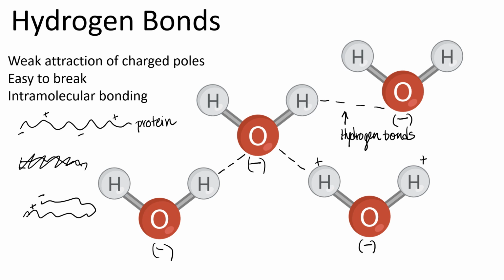So these folds, the bending, is secured by hydrogen bonds. And this is what we call intramolecular bonding. Intra means within the same molecule, right? So these proteins that have areas that attract, that are secured, and their final shape is made by these hydrogen bonds.